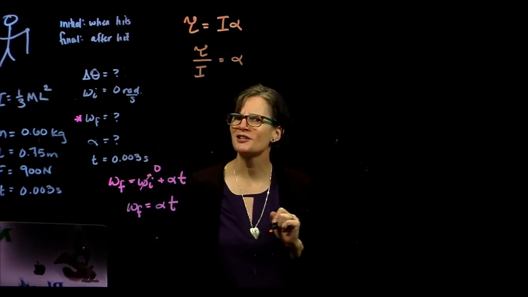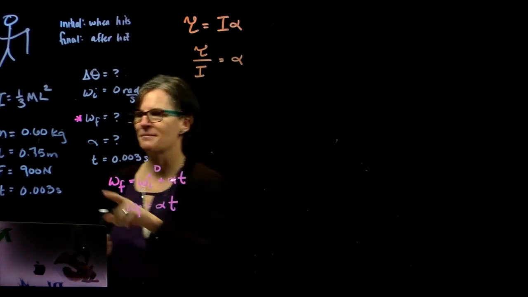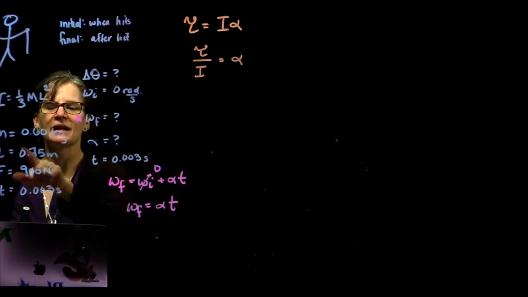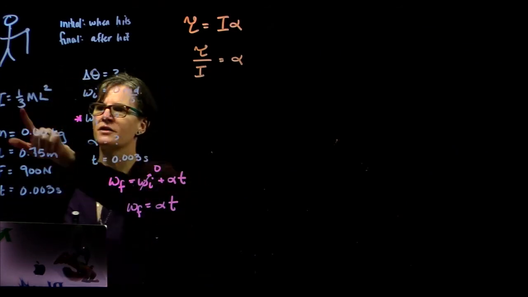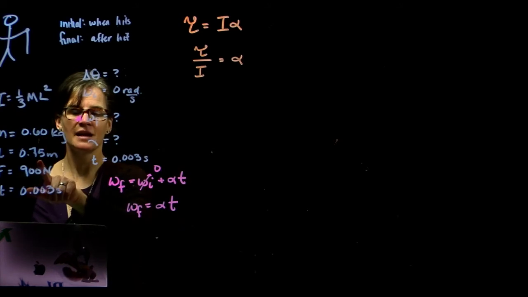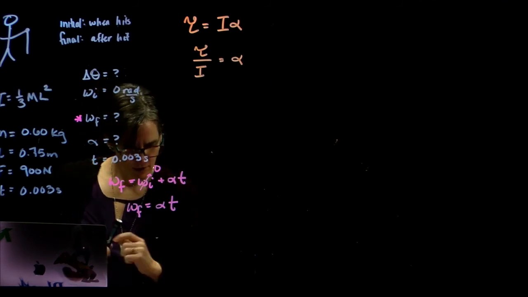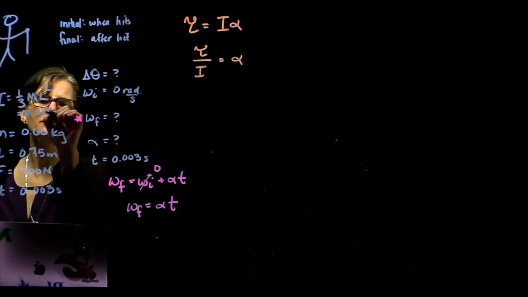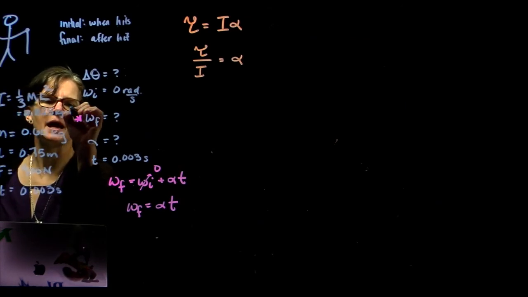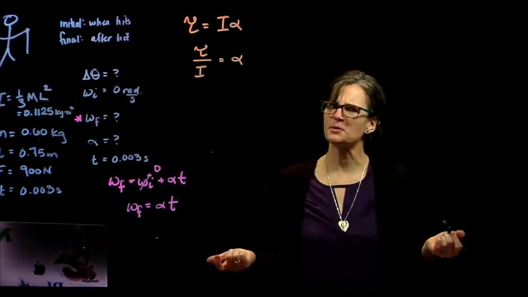Well, the moment of inertia I'm given. I'm told that the baton has a mass of 0.6 kilograms and a length of 0.75. So 1/3 the mass of 0.6 times 0.75 squared is 0.1125 kilograms times meters squared. So I have my moment of inertia. I just need my torque.